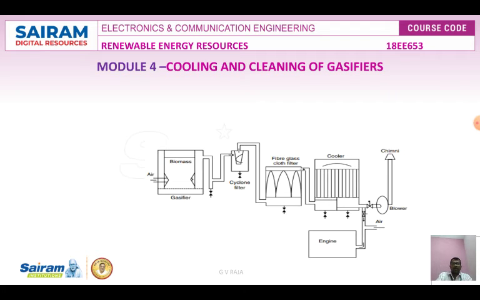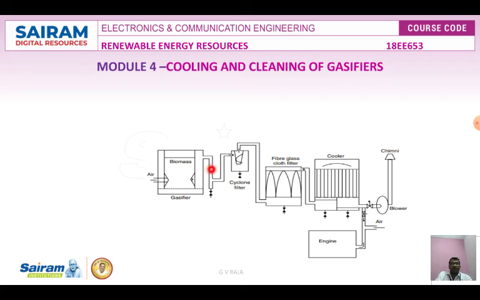The failure or success of the producer gas depends only on the ability to provide cleaning and cooling of the gas for the engine for burning purposes. The temperature of the gas coming out from the generator may be 300 to 500 degrees Celsius. The density of the gas is increased by cooling to the maximum level.